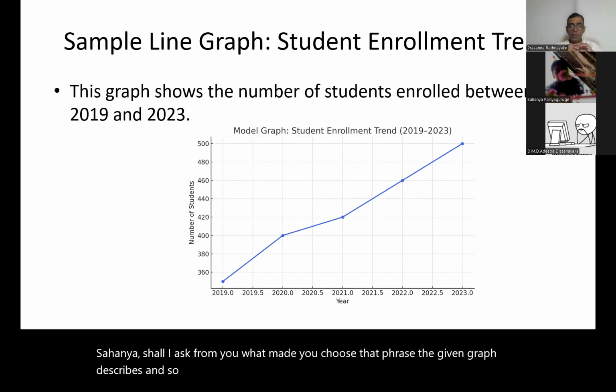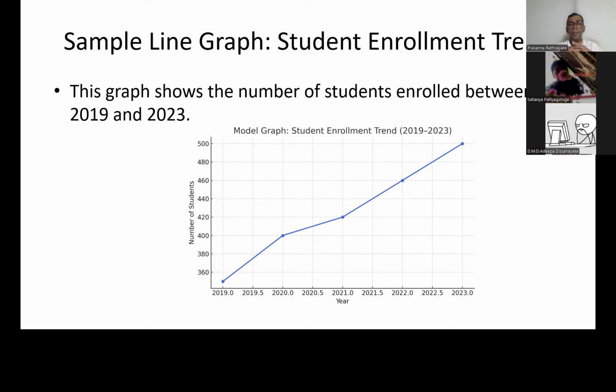Is there any reason why you used so? Because I'm not the one who drew the graph and it was provided to me, so I thought that it was given to me. Right. So you just take it as an assignment given by someone, so you describe it, right?